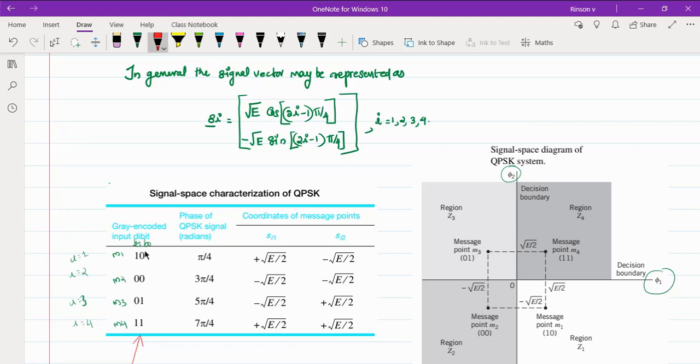If you get a 0 here, you will get a minus root E by 2, and if you get a 1 here, you will get plus root E by 2. Similarly, in this position as well, if you get a 1, you will get root E by 2, and for 0, minus root E by 2. So there is a one-to-one correspondence between this bit position and this signal vector element, and between this bit position and this signal vector element.